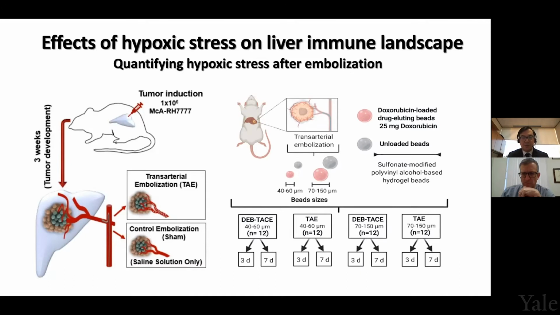And we used small beads, 40 to 60 micron in size, or larger beads, 70 to 150. And we picked those sizes because those are the most commonly used in the clinic. I mean, most people are using something between 40 and 150 to embolize tumors with particles. And we did a more acute time point at 3 days, and then a later time point at 7 days.